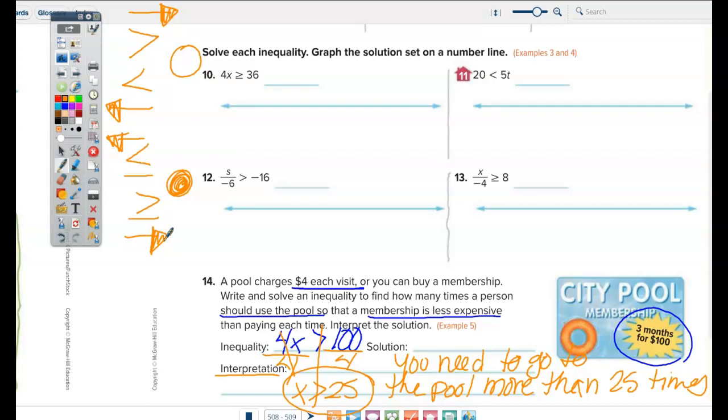I will say, make sure that you watch number 11 because the T doesn't come first. So you might be like me and want to rewrite the problem so that T does come on the left-hand side. Maybe you don't, I don't know. Also, don't forget that when you are multiplying or dividing by a negative number, your sign switches.